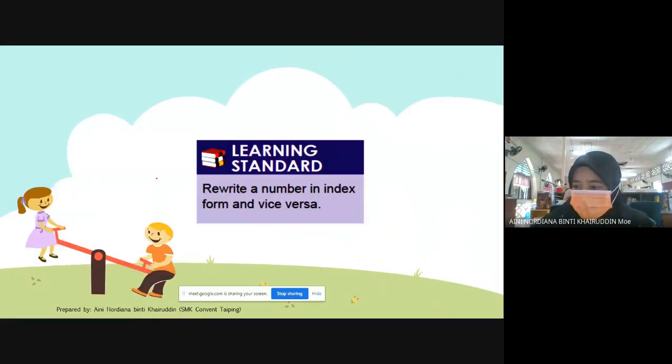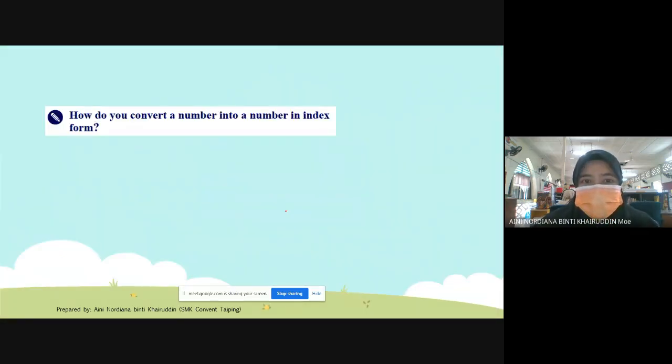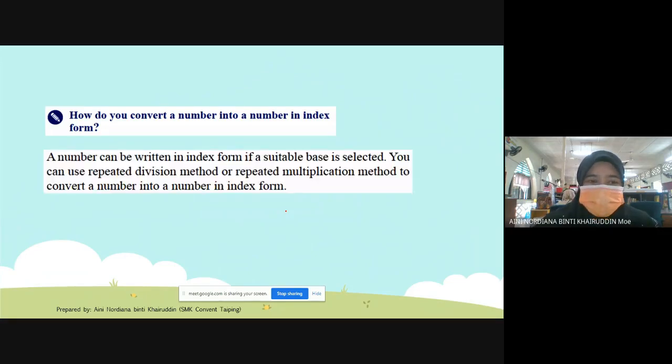Next, our learning standard: write a number in index form and vice versa. How do you convert a number into index form? A number can be written in index form if a suitable base is selected.